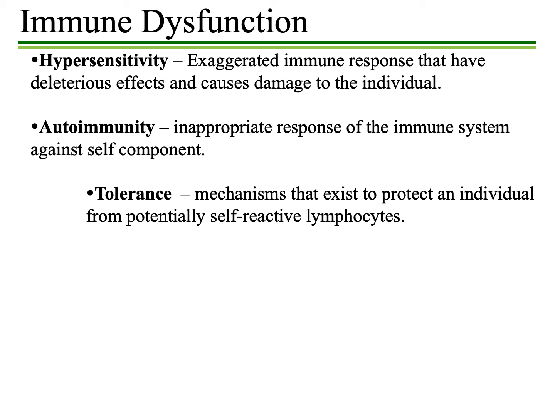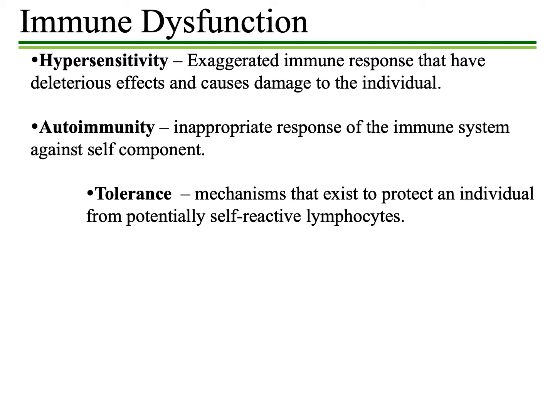Autoimmunity, also a recognition problem. However, in this case, what is being recognized as a potential threat are the host's own molecules, proteins, components, and they are being recognized by the immune system, and an immune response is in fact initiated. With autoimmunity, we tie that together with a mechanism known as tolerance. We've alluded to tolerance a few times throughout the semester.